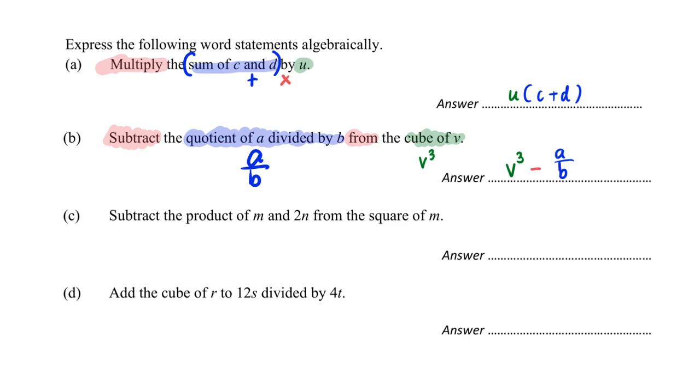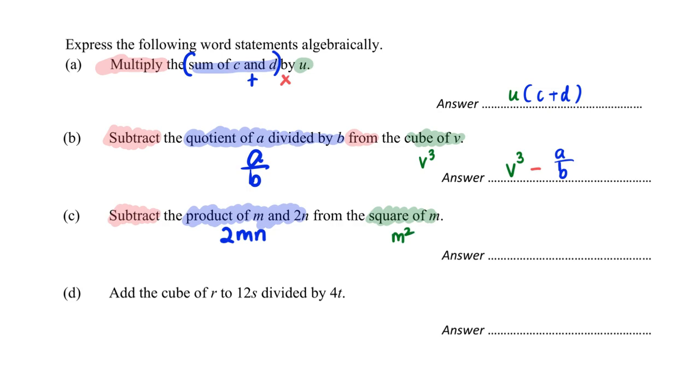Now, part 3. Subtract again. The product of m and 2n, which is 2mn, from the square of m, which is m power 2.